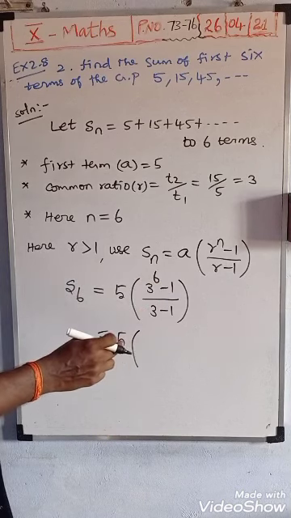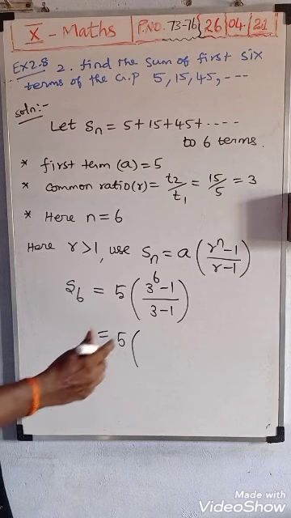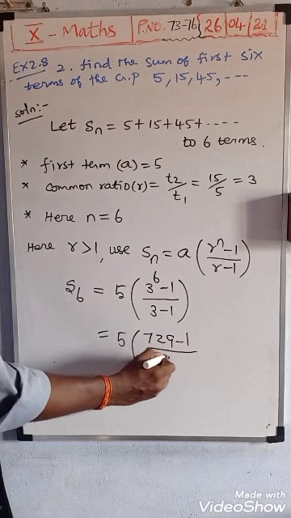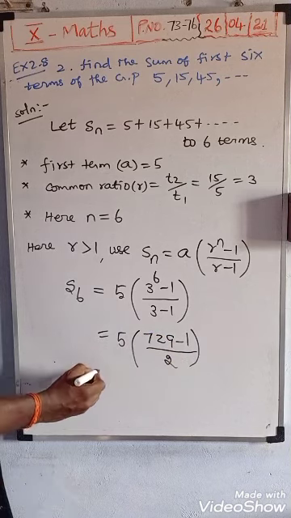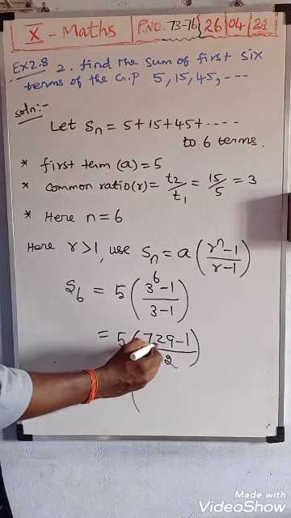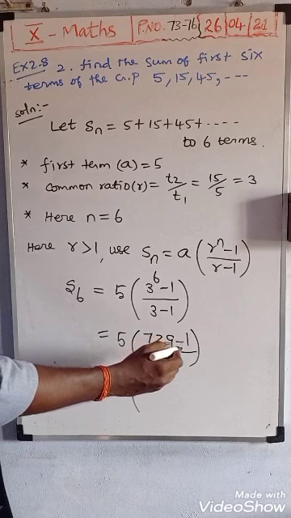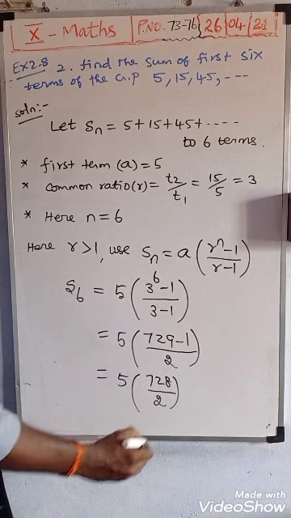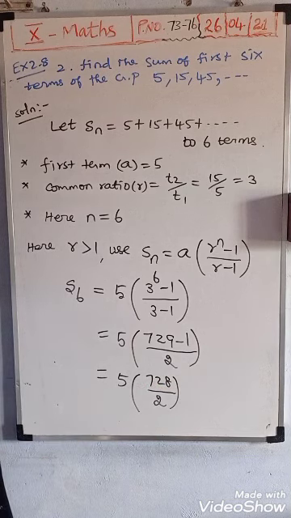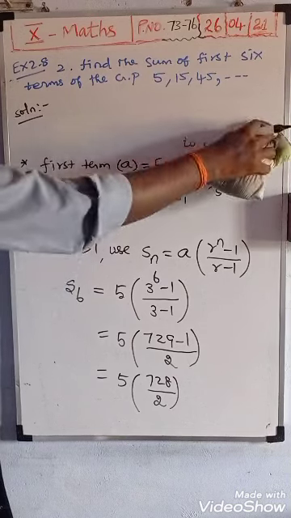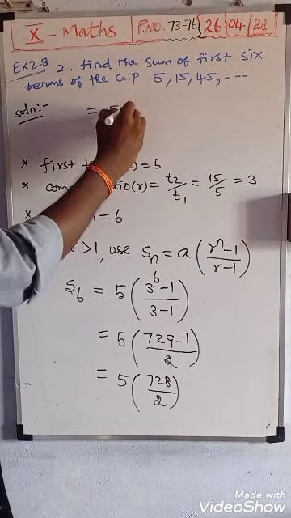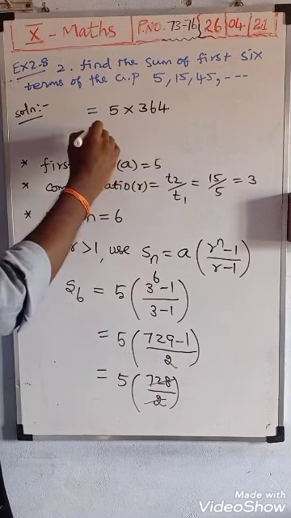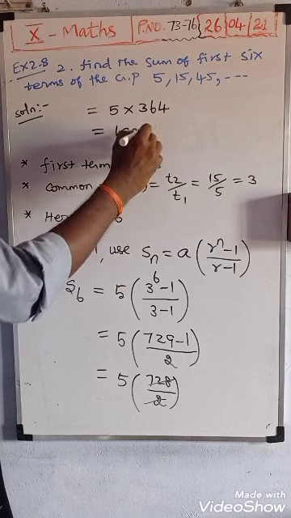So what is the value of 3 power 6? 729. 729 minus 1 divided by 3 minus 1, which is 2. Now 5 of 729 minus 1 means 728 divided by 2. 728 divided by 2 gives 364. Then 5 into 364 gives 1820.